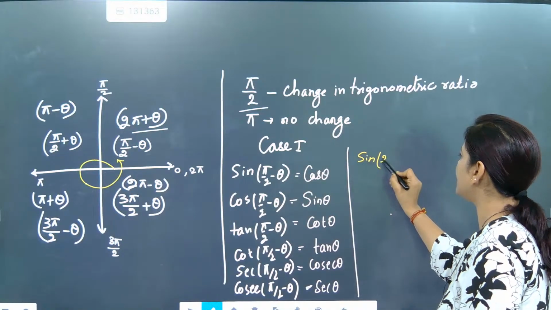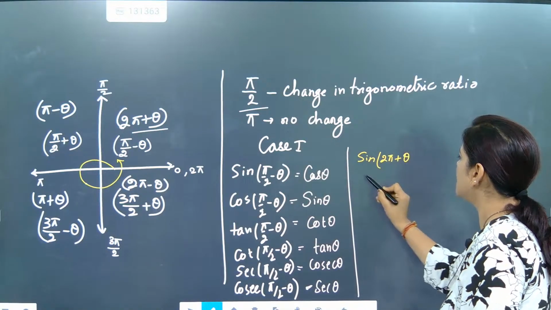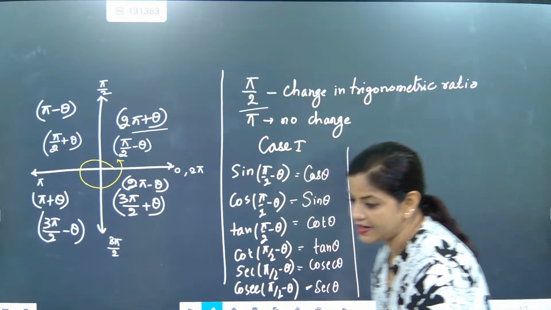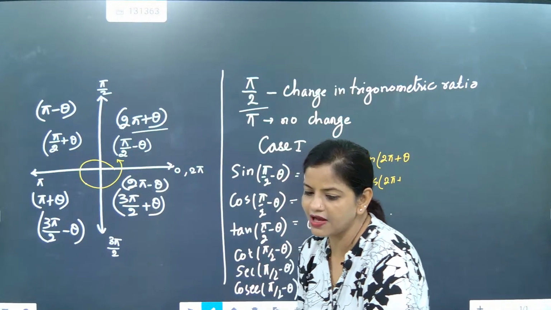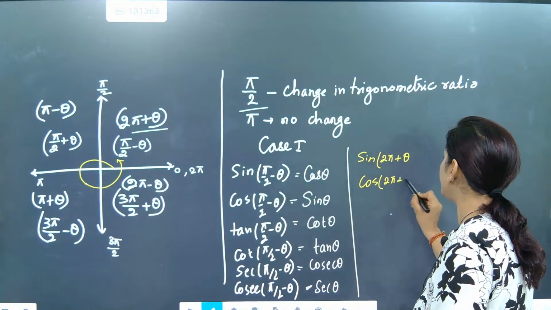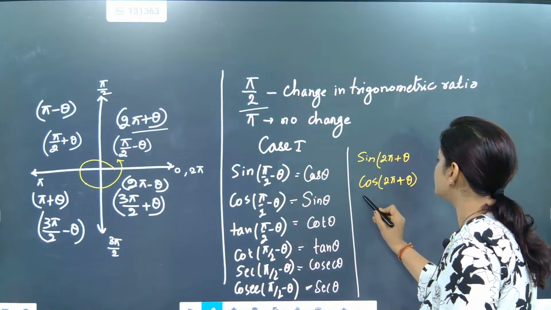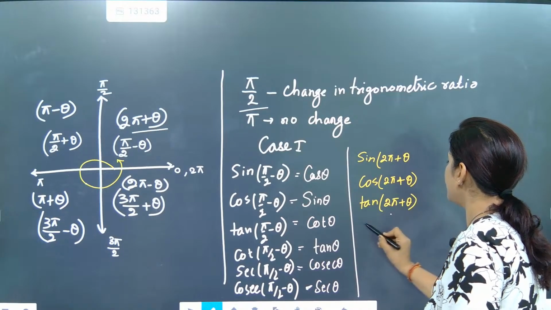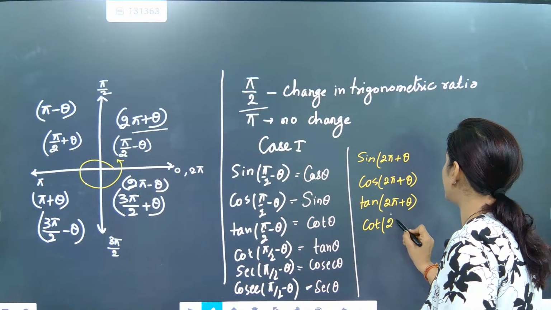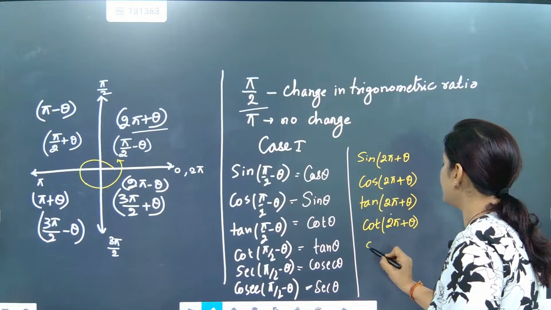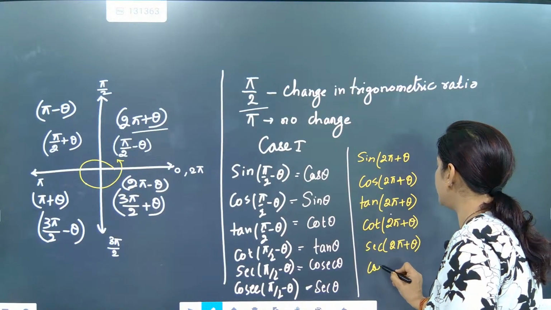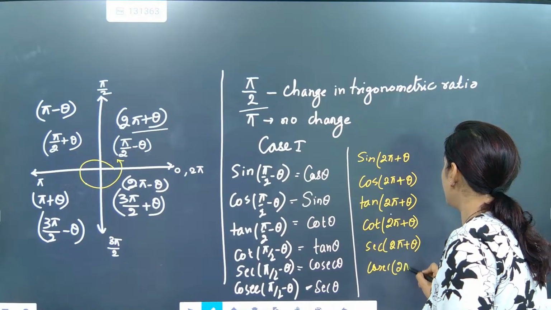Here you write sine 2 pi plus theta, cos 2 pi plus theta, and theta value is less than 90. Always remember, theta value can be acute. There you need to remember this section. So sine, cos, tan will become 2 pi plus theta, and here cot 2 pi plus theta, and here secant 2 pi plus theta, and here cosecant 2 pi plus theta we are going to talk about.